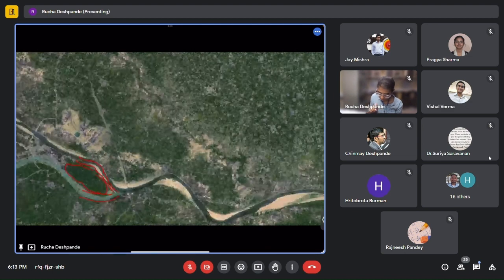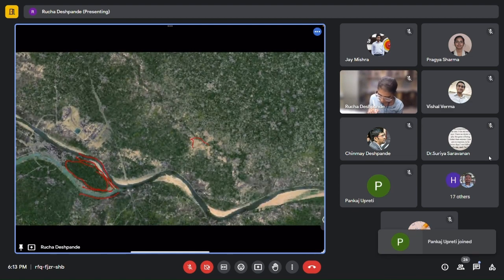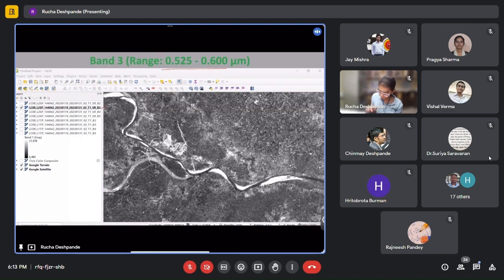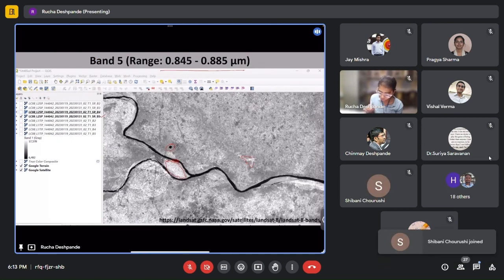Okay, so there are some pixels of soil, or sediment pixels, as we can see from the true color images. So let's look at them in near infrared. Here also they are showing high reflectance, and in other bands also these pixels are showing relatively high reflectance.